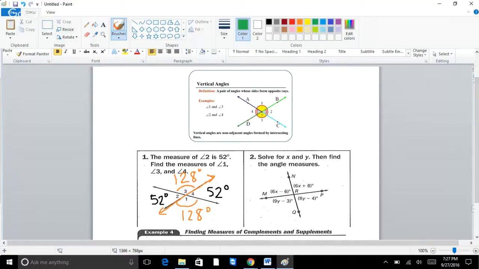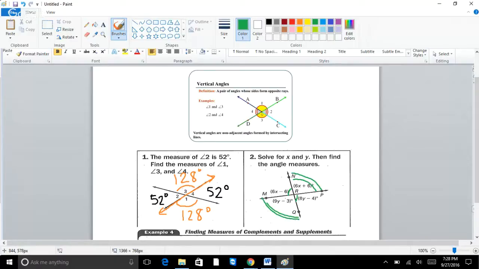It looks like MRN, this angle here, and PRQ form a vertical angle pair. And it also looks like NRP and MRQ form a pair.